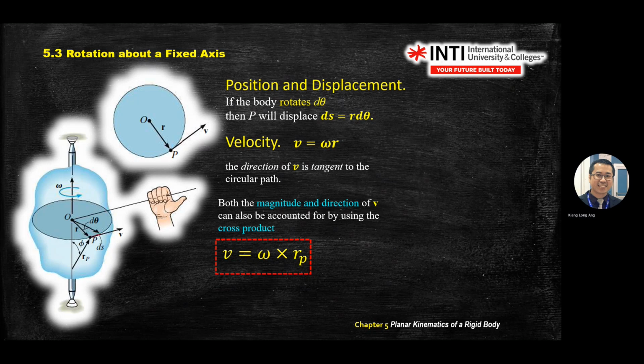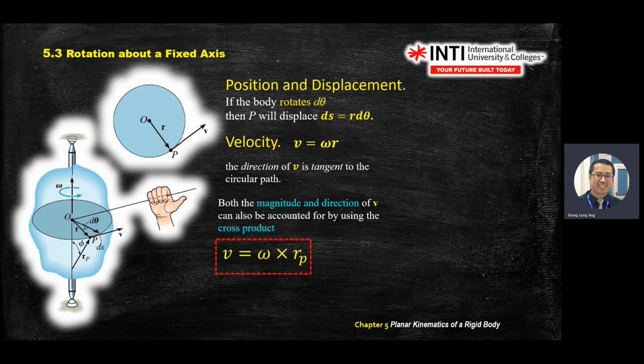So this is to find the velocity. How do you find the velocity direction? You look at the angular velocity, in this case this axis. You cross to the r, and then you find the direction. Your fingers point from omega to r.